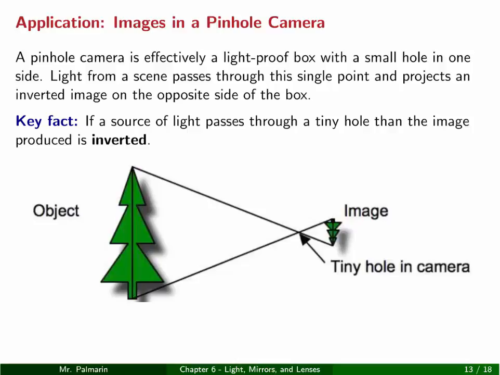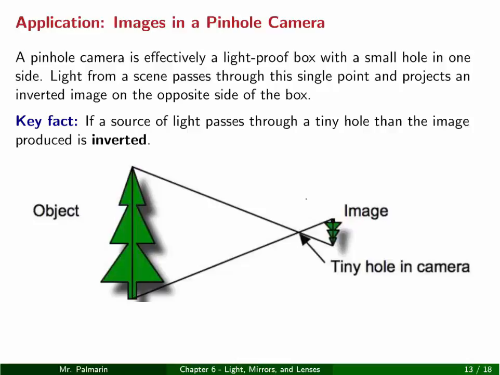Here we're going to go with the most basic and original camera you can think of, and you can make this camera very quickly. If you have a Pringles box, just poke a hole in the lid, and you've basically made a pinhole camera. So what does this mean?